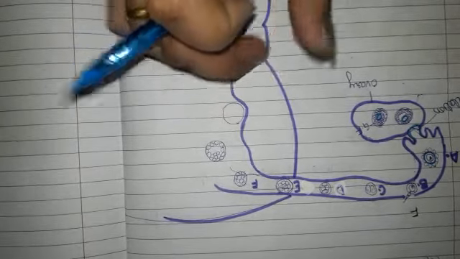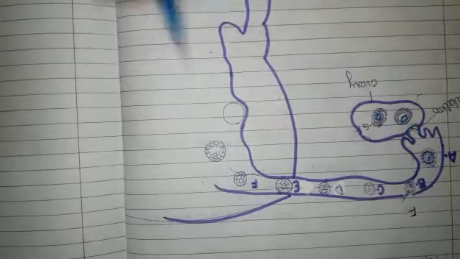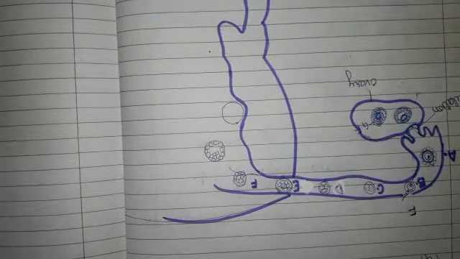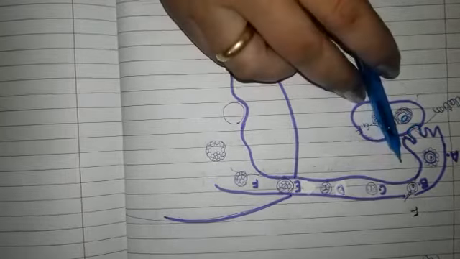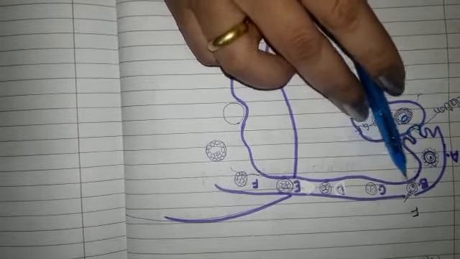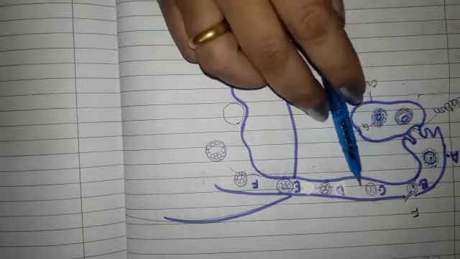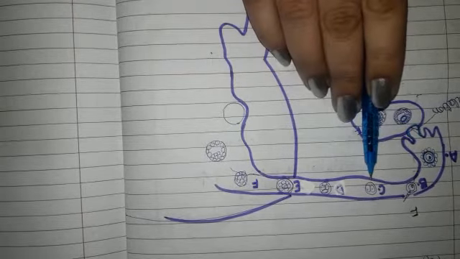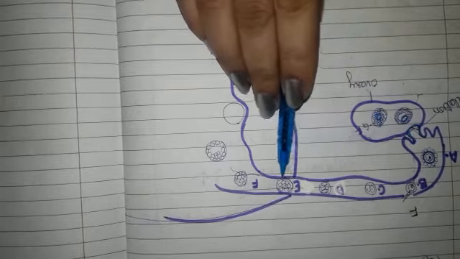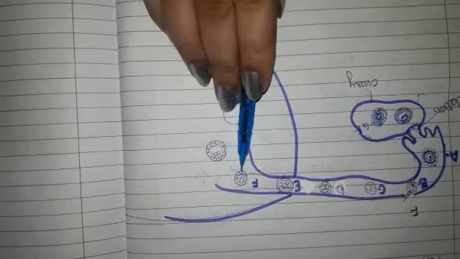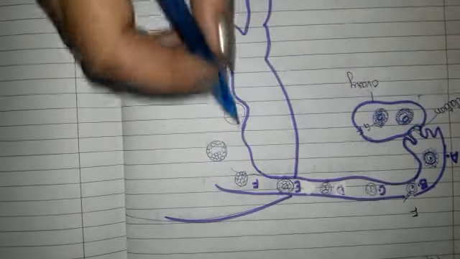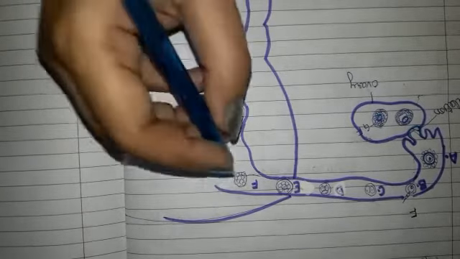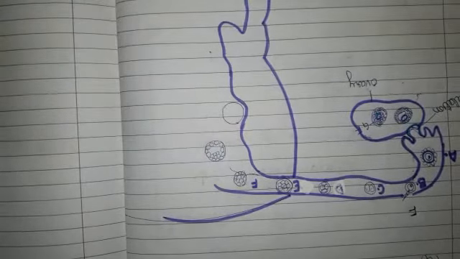This is the wall of the uterus. And as it keeps moving down towards the uterus, these changes keep occurring. Which ones? Cleavage takes place. Zygote gets divided into 2 celled stage. These 2 cells are called blastomeres. Then they divide arithmetically into 4, 8 and 16 celled stage. And this 16 celled stage is called morula.